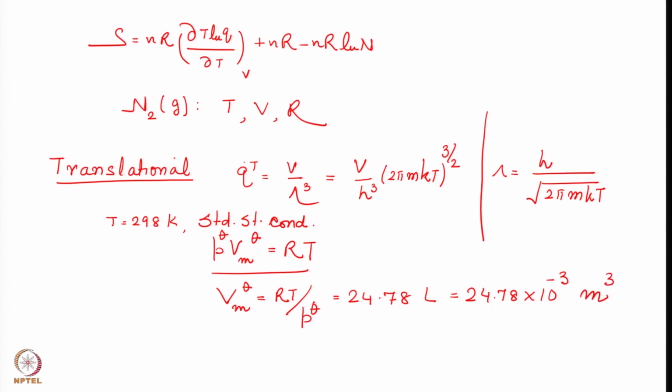When you actually substitute this Qt into here, listen to me carefully. When you put this Qt into here and write an expression for translational contribution, go back to Sackur-Tetrode equation.